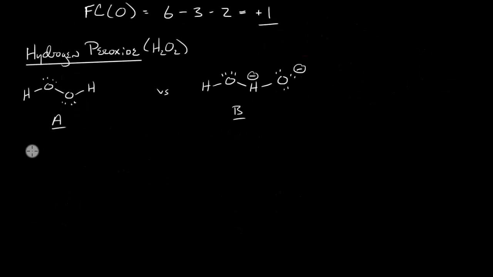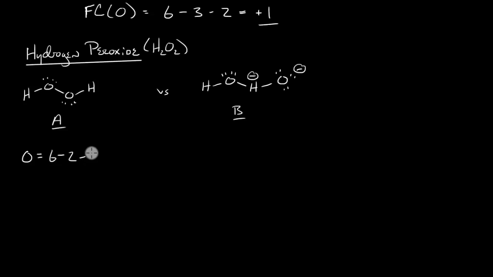Okay, so now if we do the formal charge calculations for the oxygen on molecule A, we'll find that this oxygen, just like always, has a valence of 6, and then we subtract 2 for the two covalent bonds, and then subtract the total number of electrons in the lone pair configuration, so that's 2, 4.